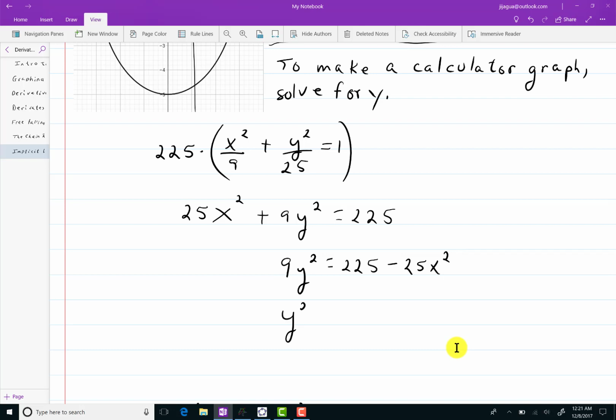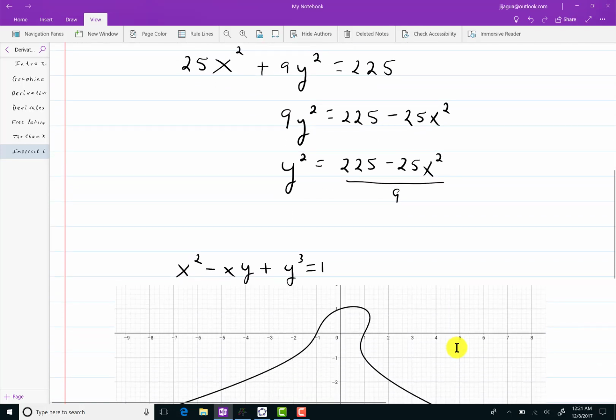Y squared equals 225 minus 25x squared over 9. And then take the square root. Y equals plus and minus the square root of 225 minus 25x squared over 9.